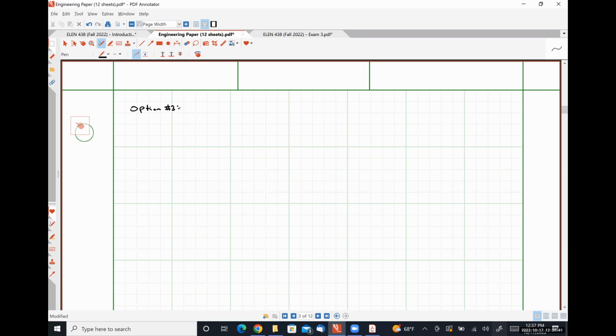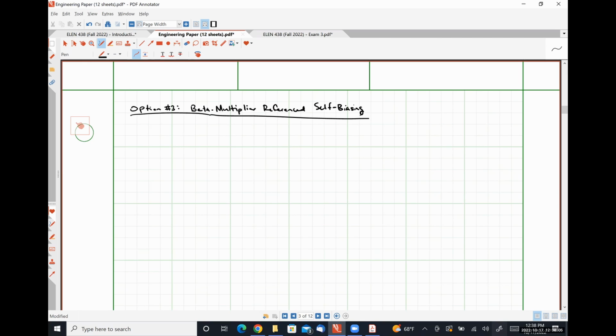Okay. And so this is the data multiplier referenced self-biasing.